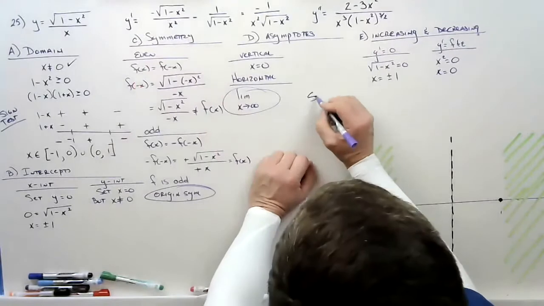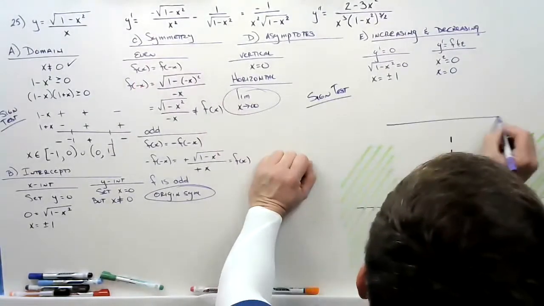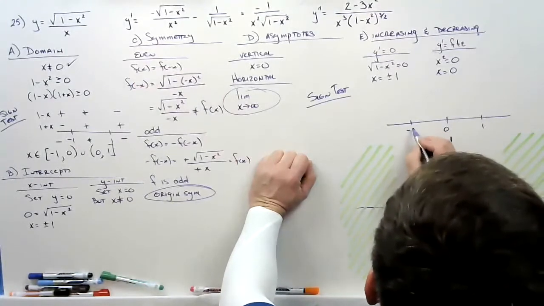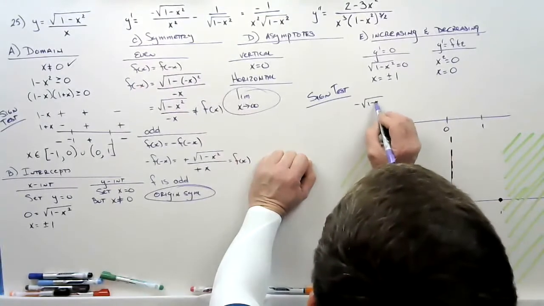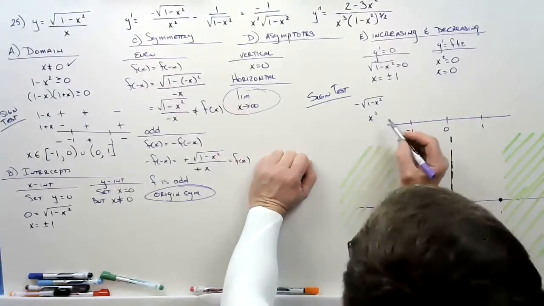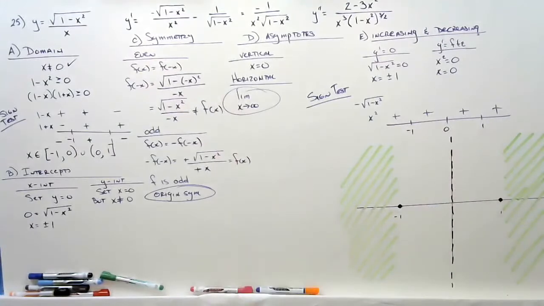So we do our sign test. We have 0, we have 1, and we have -1. We have minus a square root, and we have x squared. Well, x squared is always positive. Did you notice what I did wrong with the sign test?